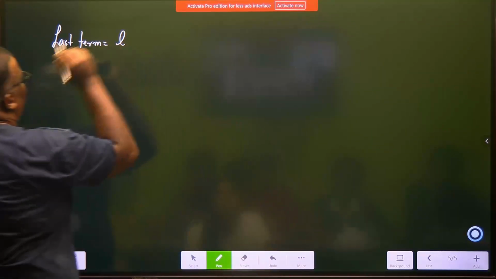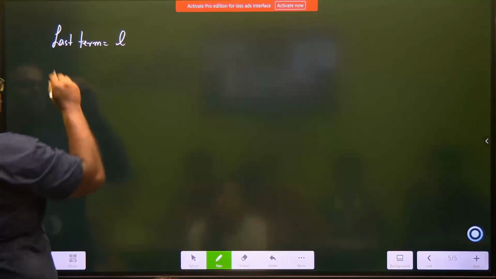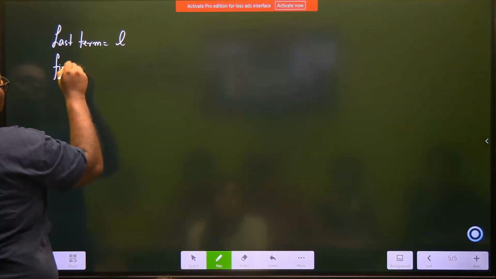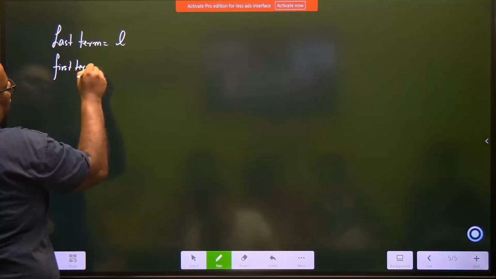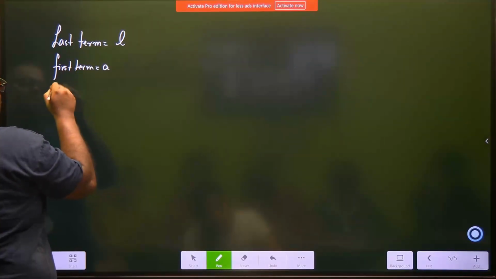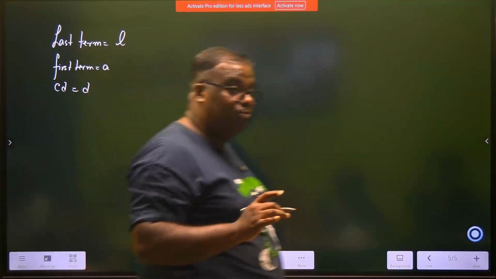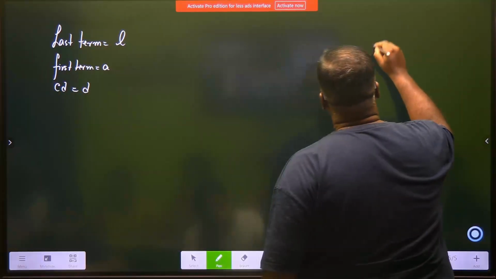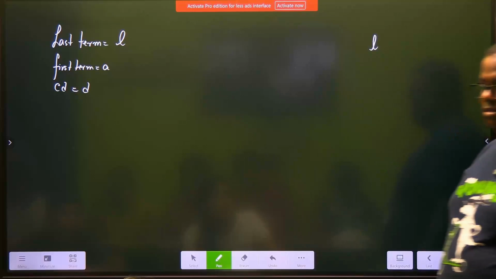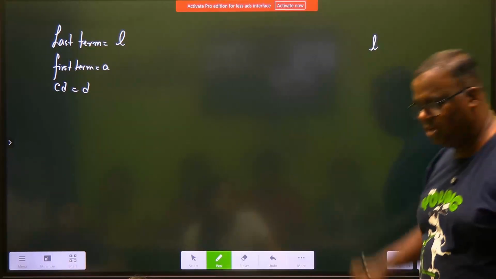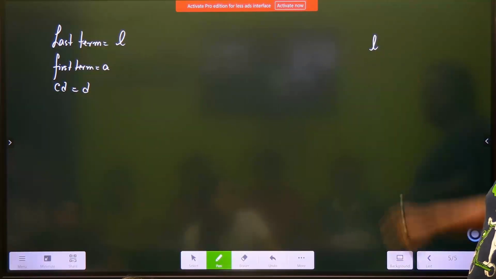So I'm saying my last term is L. First term is A, common difference is D. We will build up from the last term. Last term is L. What is the term next to it?